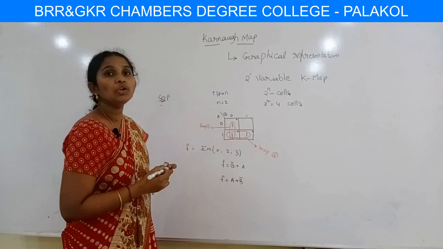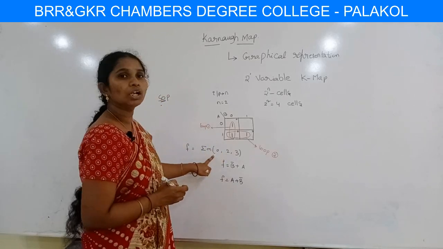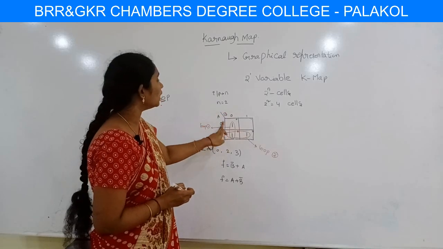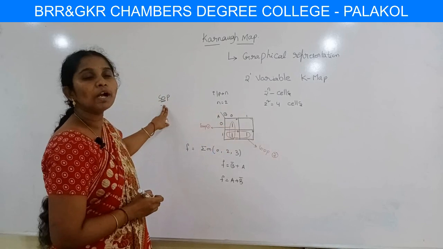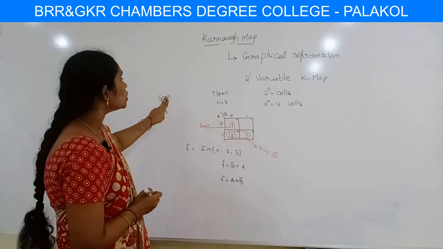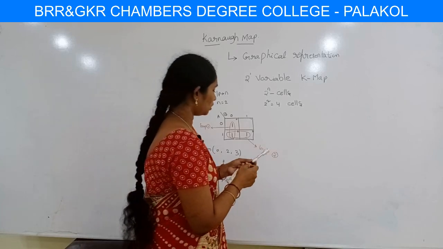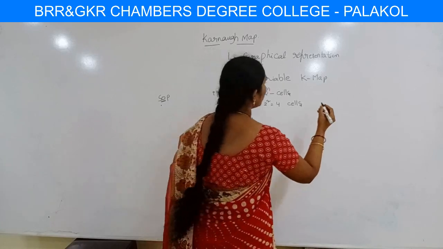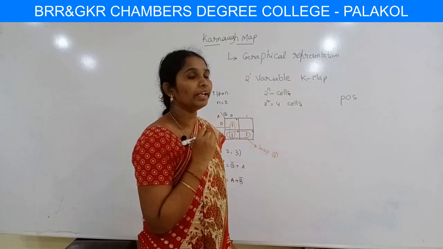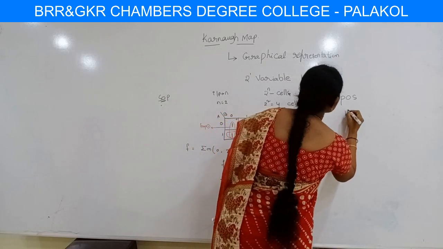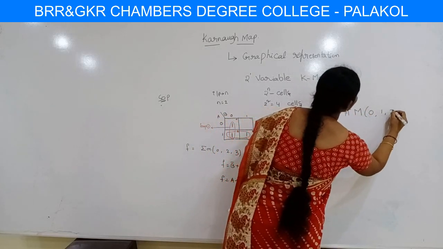So in this way you have to find the equation for the given question. This belongs to the two variable K map, and this belongs to SOP form. For example, if we consider a POS form, I will take one example: sigma capital M 0, 1 and 3.